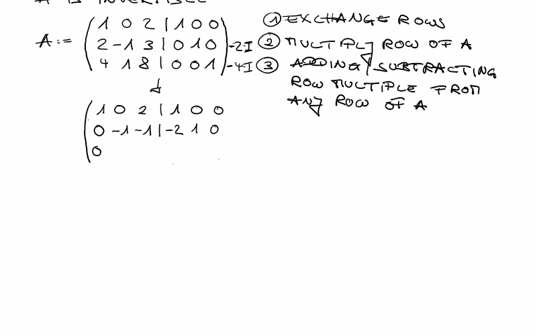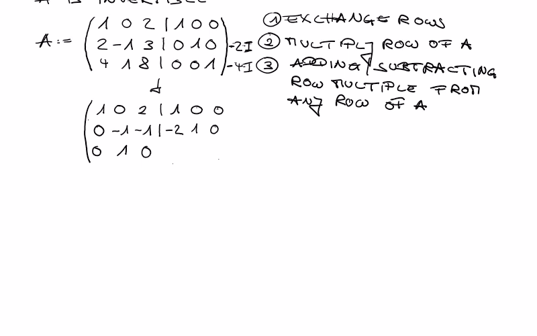Then we get 0 here, and we have already our first column in the form of the identity matrix, but we have to compute the rest. So -4 times 0 plus 1 is 1, and -4 times 2 plus 8 is 0.